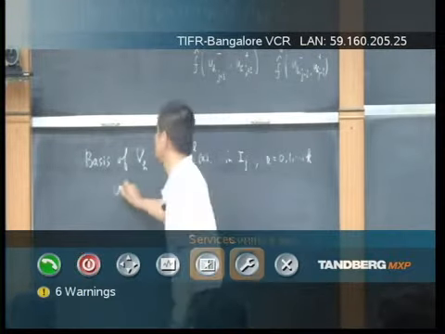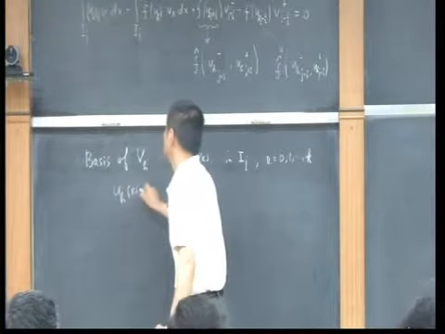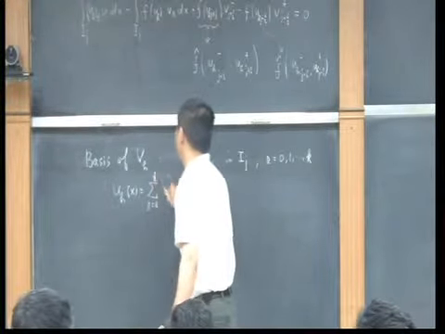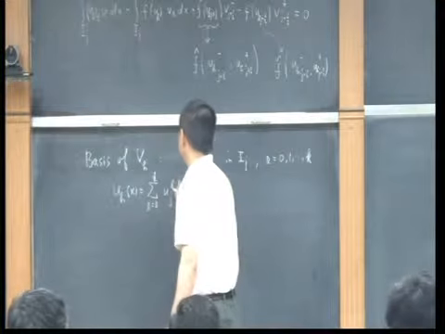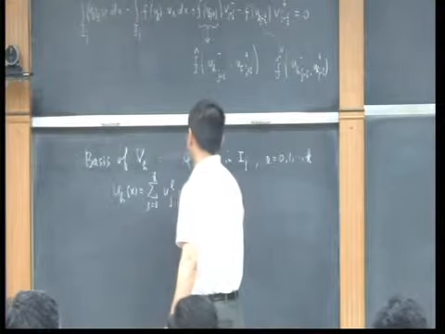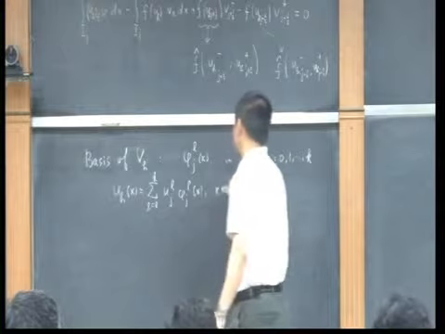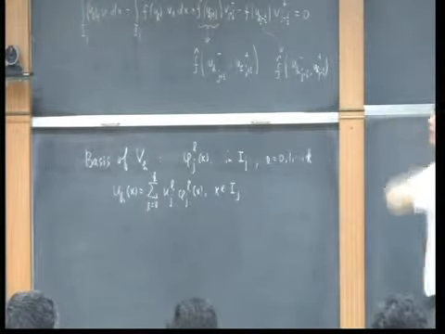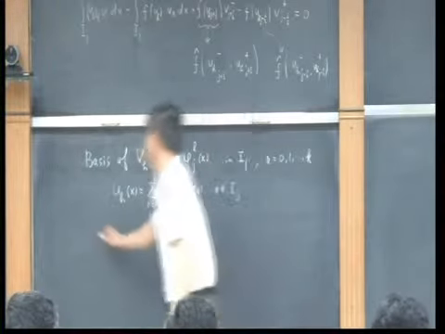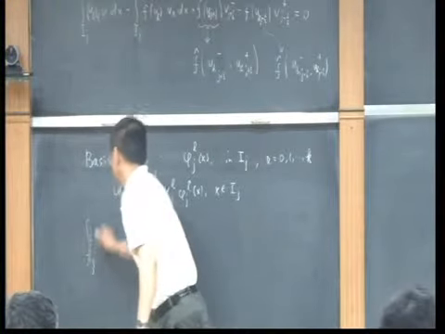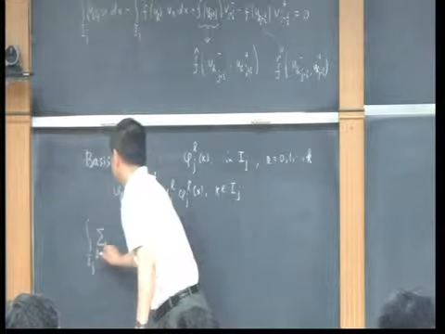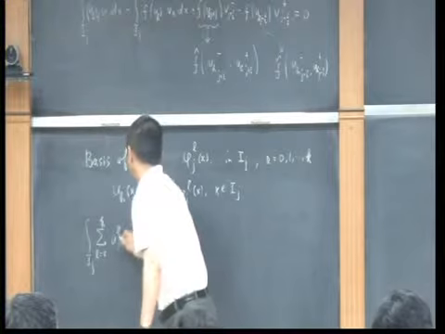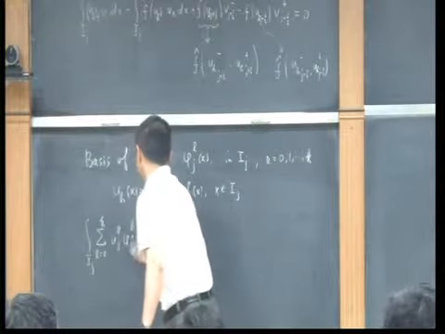Then u_h would be just the summation of this basis, l from 0 to small k, of u_j^l phi_j^l(x), for x belonging to I_j. Then this guy becomes the summation over l from 0 to small k of u_j^l phi_j^l(x).